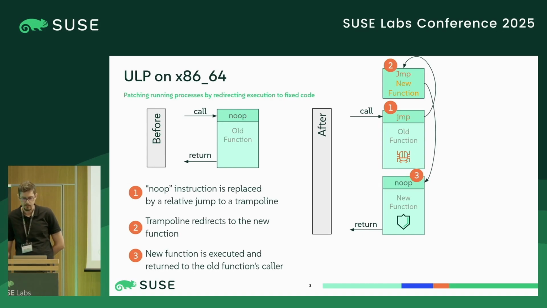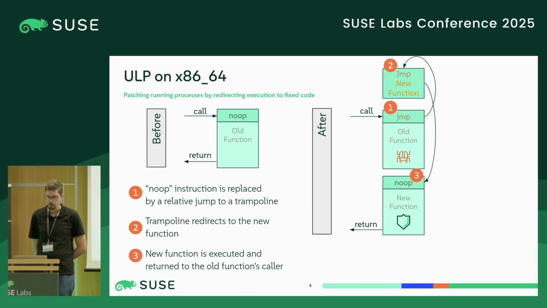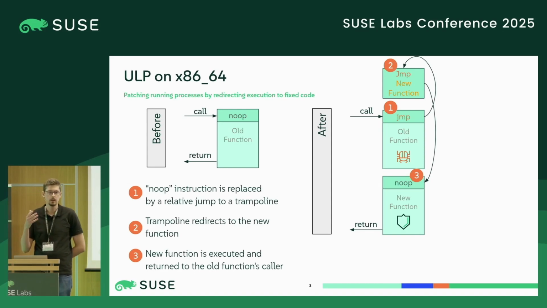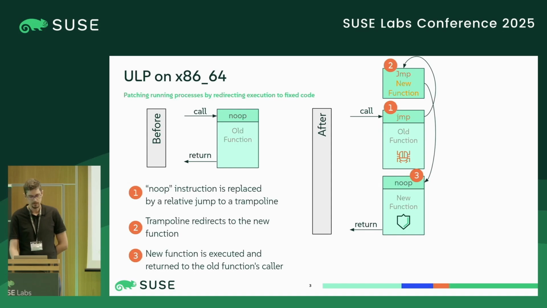However, if we do livepatch this function, our no-operation prologue gets replaced with a redirection to another prologue, which contains a full jump with a full 64-bit address of our new function that doesn't contain the bug, or has its security problem fixed, or is faster, or whatever. When it's done executing its task, it returns to the caller, and the program continues normally. So that's how Userspace Livepatching works on x86-64.